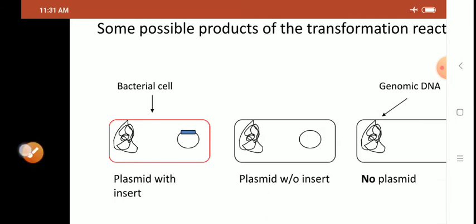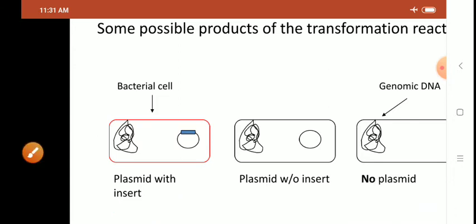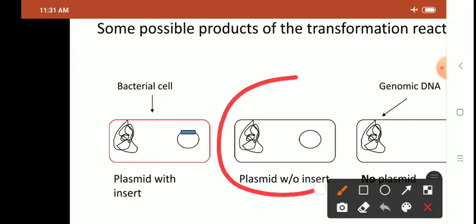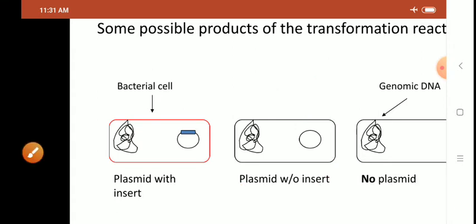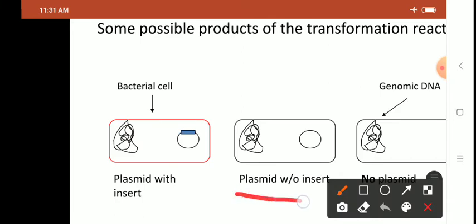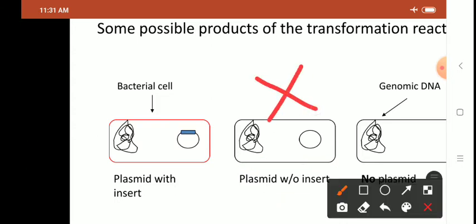So in the first type of cells, plasmid with insert is present. So these cells are desirable. Now in the second type, you can see the cell has undergone transformation, but it contains a plain plasmid. Recombinant plasmid is not present. The cell has undergone transformation with a plasmid without insert, that means a plasmid without foreign gene. Such cells are not desirable. We do not want the clones of these cells.